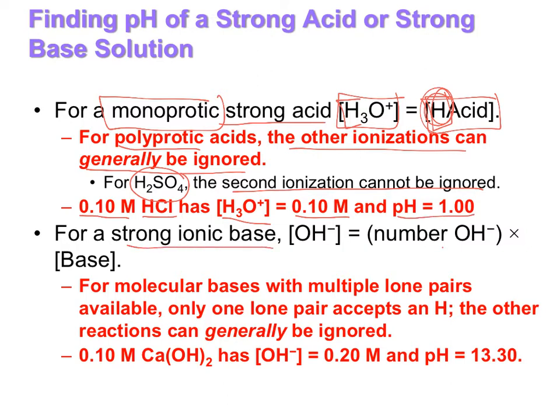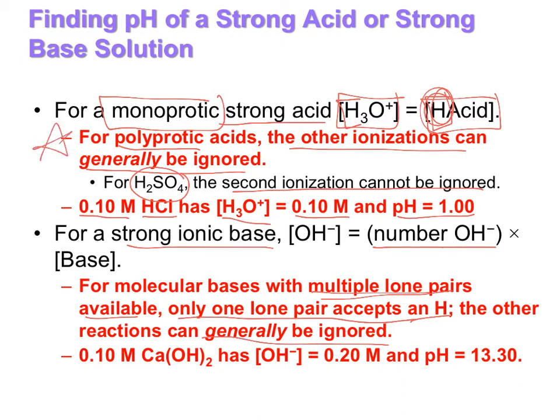For a strong base, the OH concentration is determined by the number of OH ions that you have for the base times the concentration of the base. For bases that have more than one lone pair available, because the requirement is you have to have a lone pair to accept a proton, for most of these, only one lone pair can accept the H. The other ones can generally be ignored.